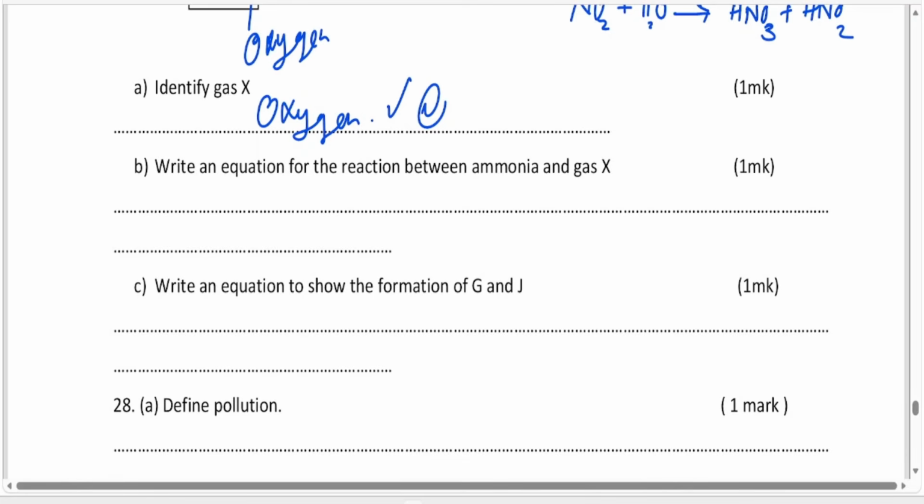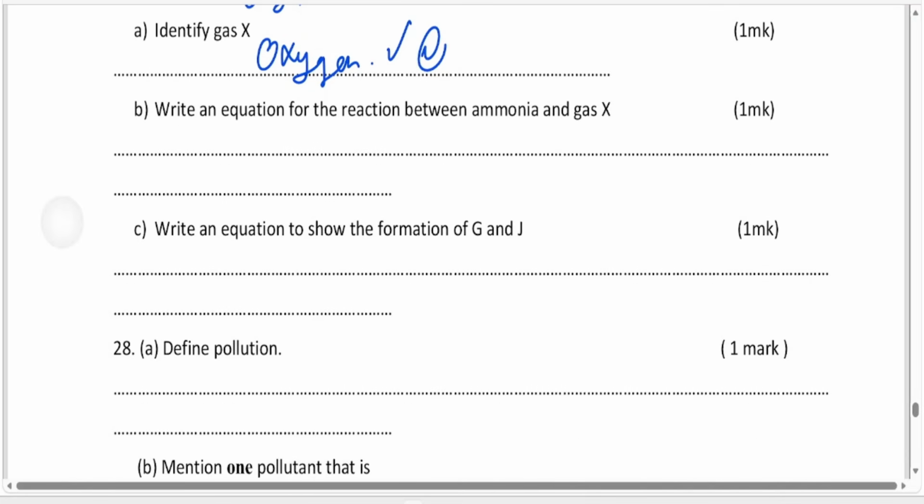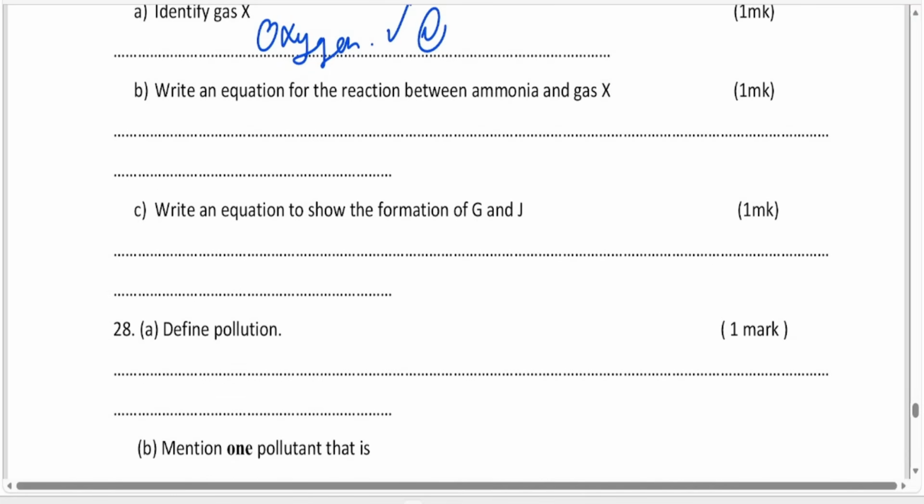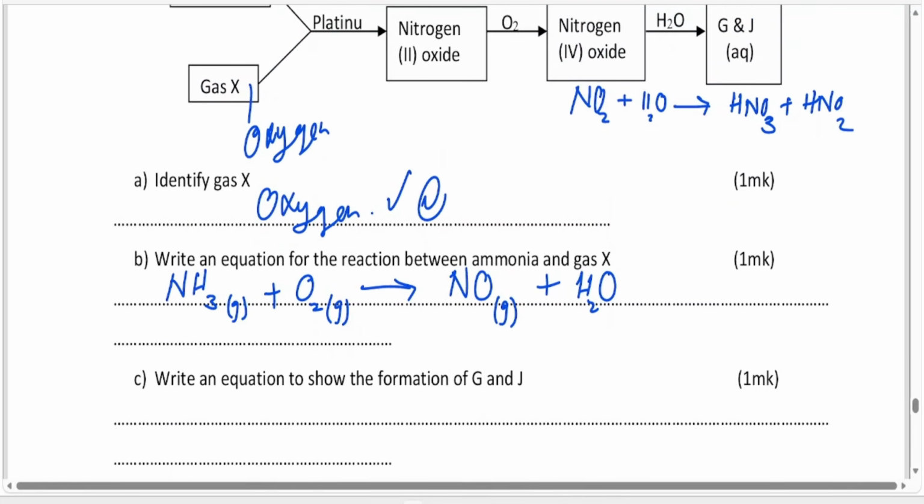Write an equation for the reaction between ammonia and gas X. So that is ammonia and oxygen. When ammonia reacts with oxygen, the two are gases. We form nitrogen 2, which is the gas, and we also obtain water in form of vapor or gas. I balance the equation by putting a 4 on ammonia, putting a 3 on oxygen.